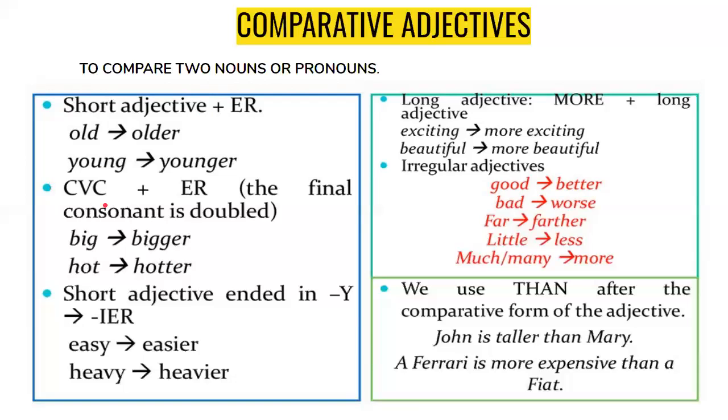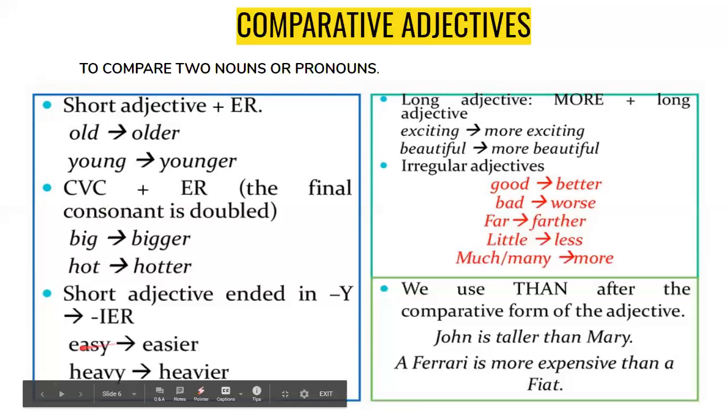Here we double the last consonant and add ER. Big becomes bigger, hot becomes hotter. Now for adjectives in positive degree which end with Y, we remove the Y and add IER. So easy becomes easier, heavy becomes heavier.